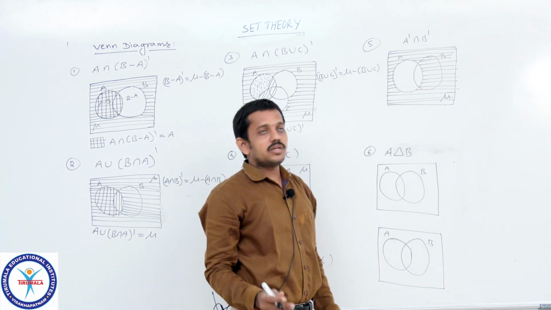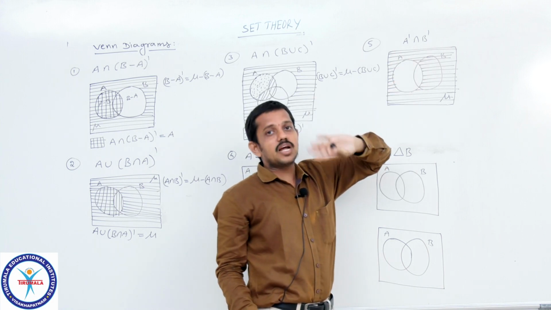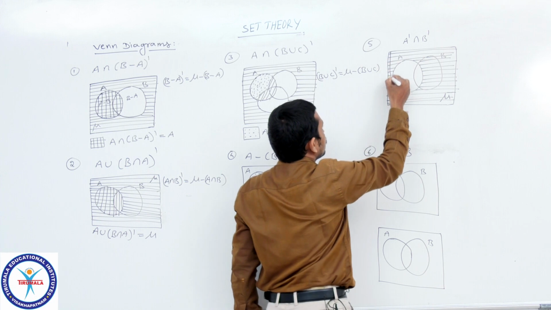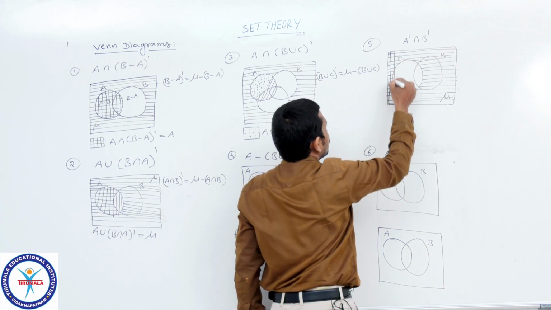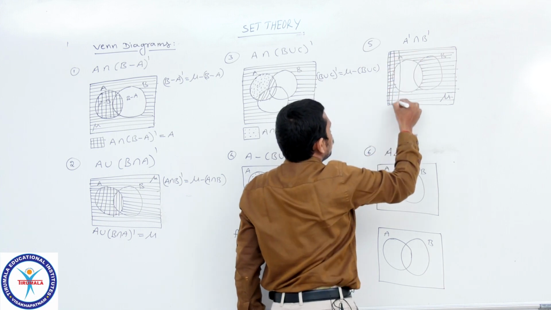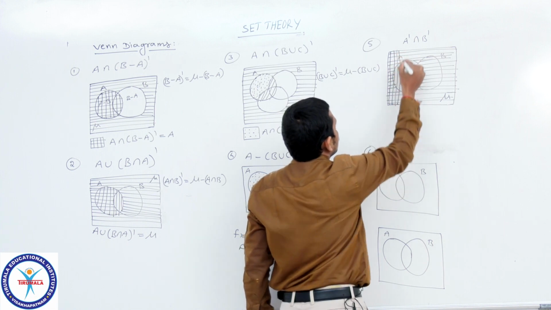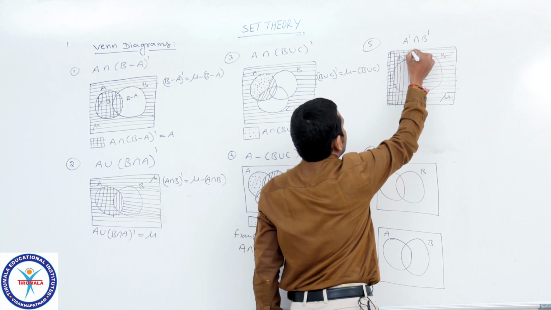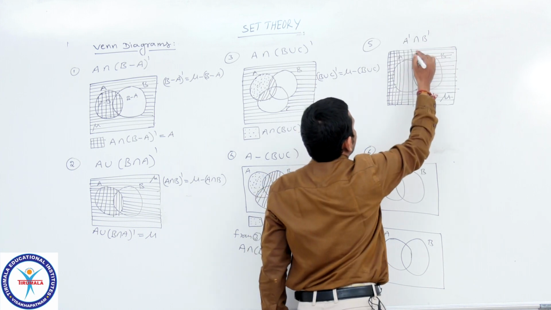The region belonging to the universal set which does not belong to B, means exclude this region and we can shade the universal set by drawing vertical lines to show the difference between these two.